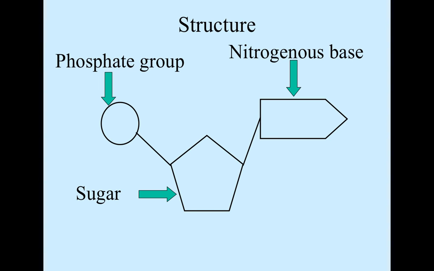So these 3 components, you can see they are linked together, they're actually connected to each other. Those are the 3 main components that make it up. Now, we're not going to get into all of their structure and anything more detailed than this. But basically, we take these 3 things, they get hooked together, and then we chain a bunch of this grouping together to make our nucleic acid.